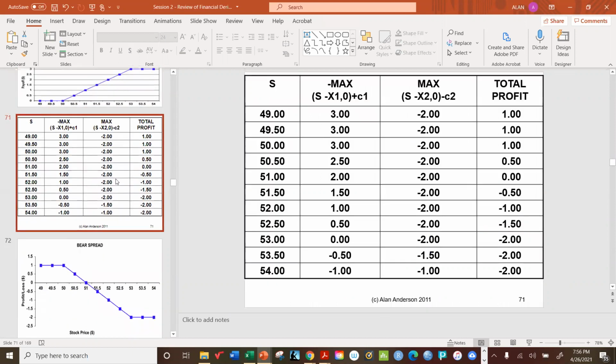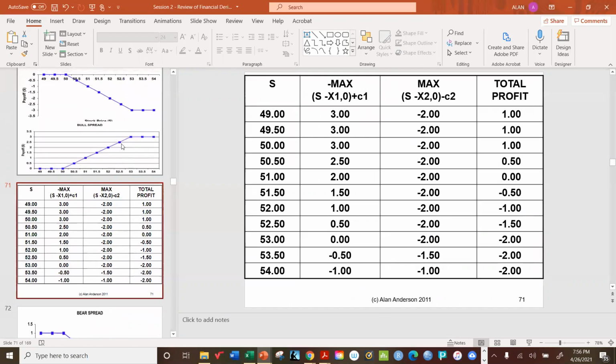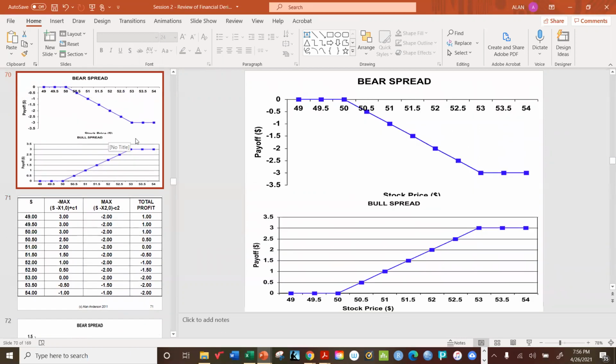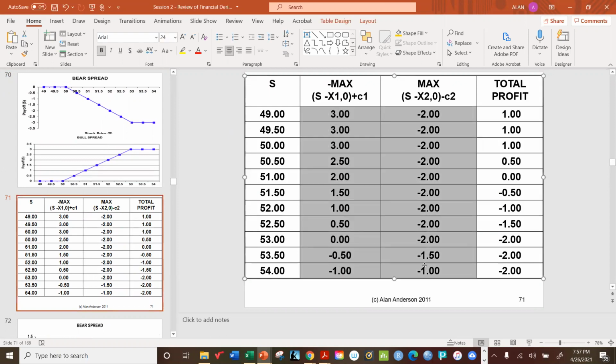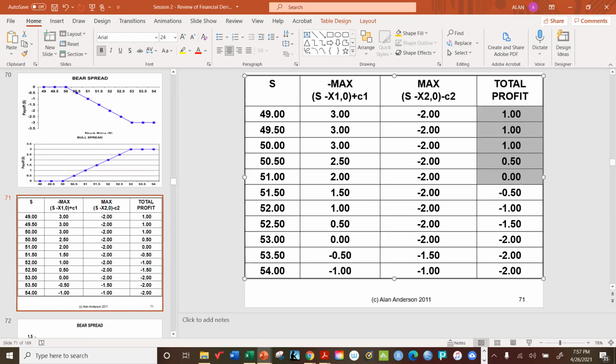What's interesting about this position is that since the bull spread cost us $1, the bear spread actually generates $1 of revenue when we set it up, because we're buying the cheaper call and selling the more expensive one. So we're actually making money from this position to start out with. On top of that, we have all these payoffs, so that when we're done, the range of possibilities is from a maximum profit of $1 to a maximum loss of $2.